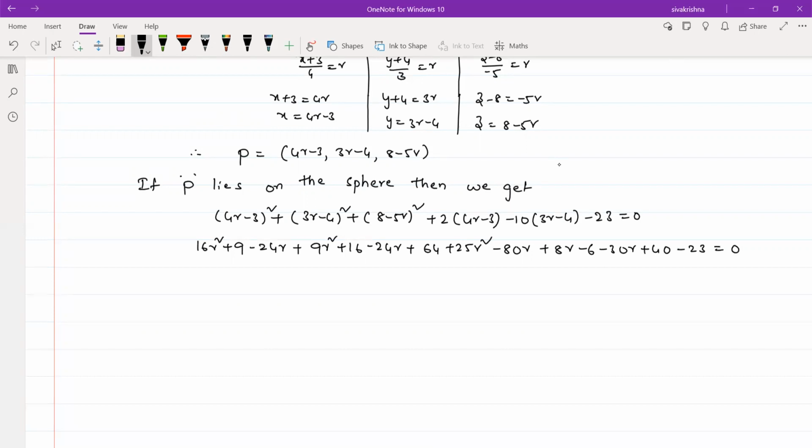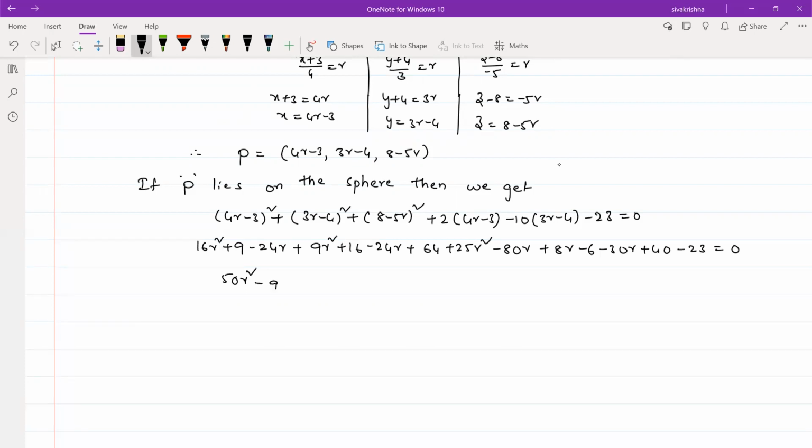First we write the r square terms. 16 plus 9, that is 25r square, plus 25r square, we get 50r square. After that we write the r terms: minus 24, minus 24, minus 48; minus 48 minus 80 is minus 128; minus 128 plus 8 is minus 120; minus 120 minus 30, minus 90.